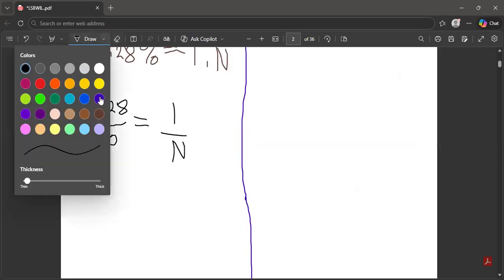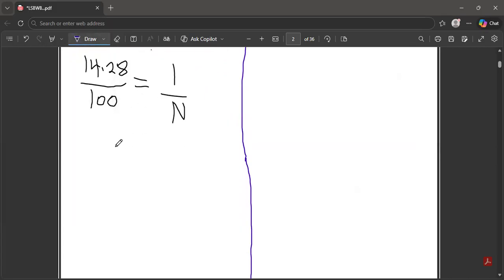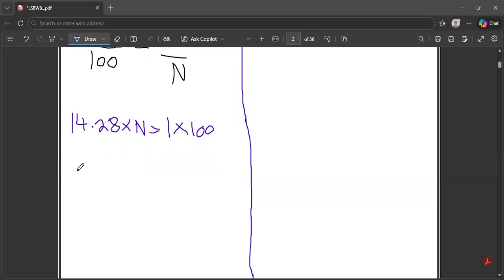So finally, we get an equation such as this: 14.28 times n is equal to 1 times 100.